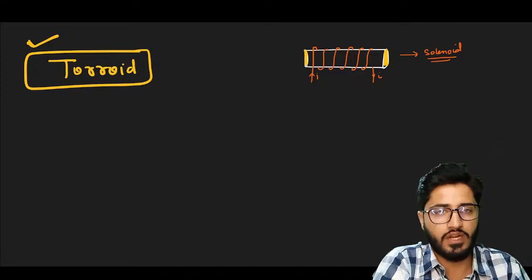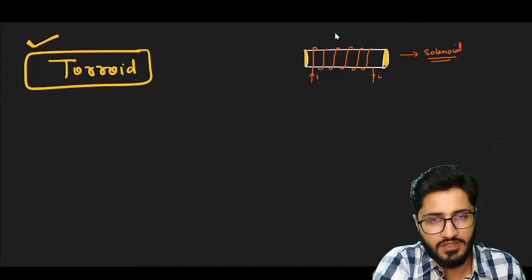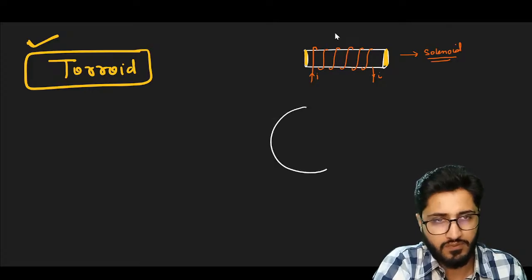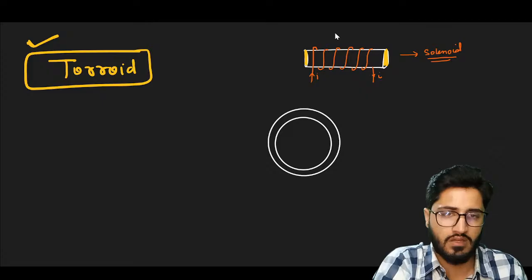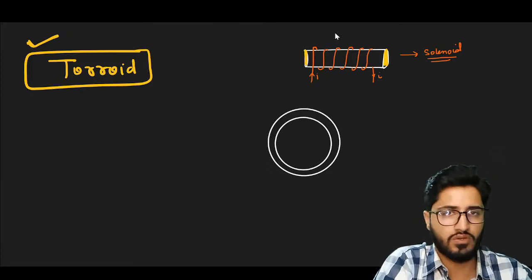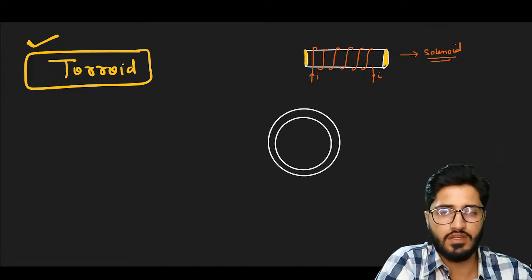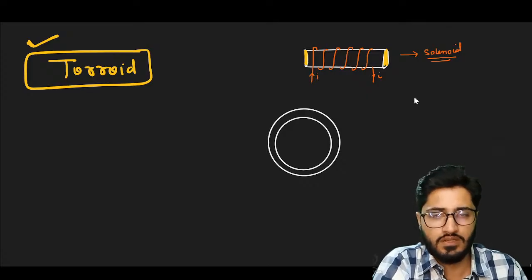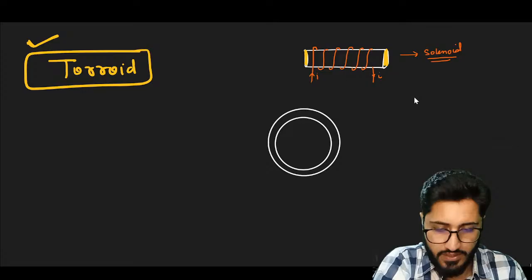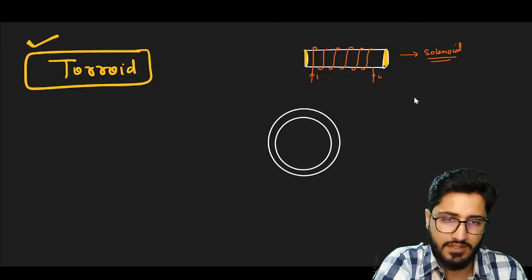So what I can do right now, I will just make the toroid. Look now, it's my toroid. Now I need to pull it up, and take my wire like this.